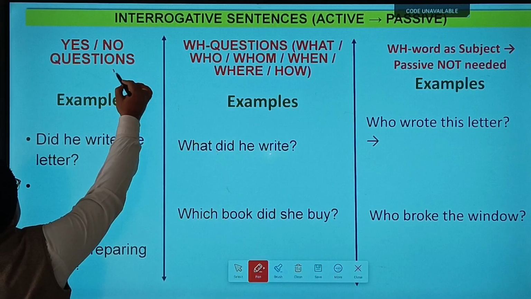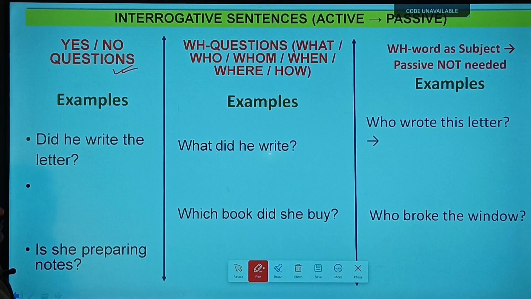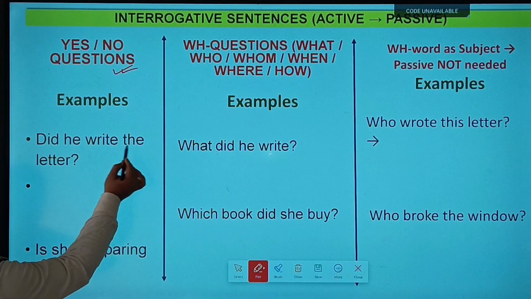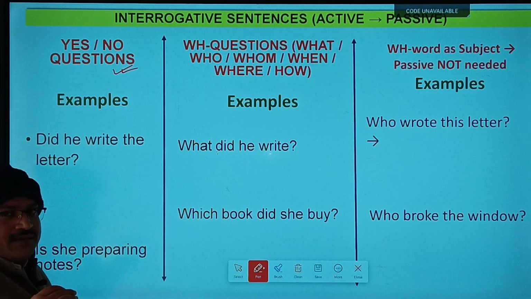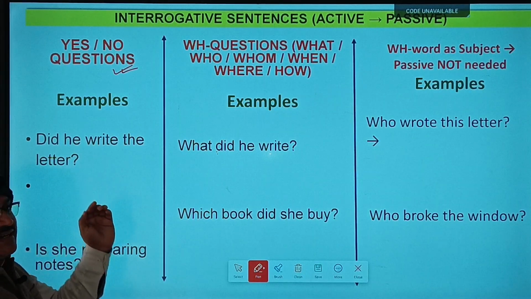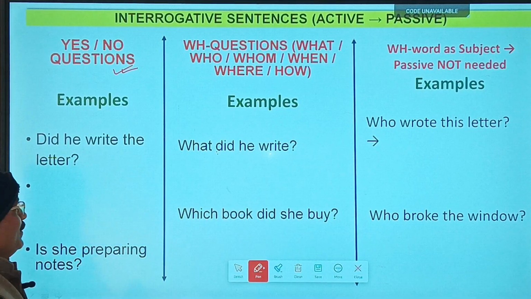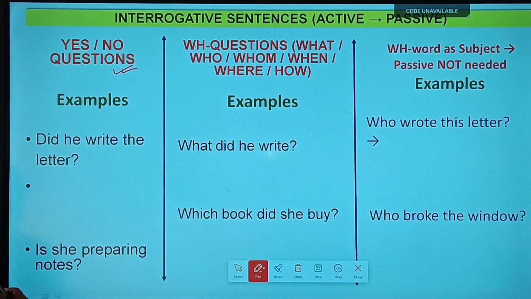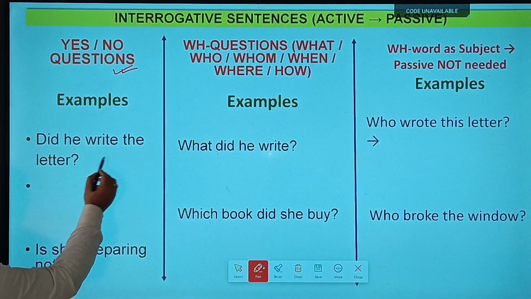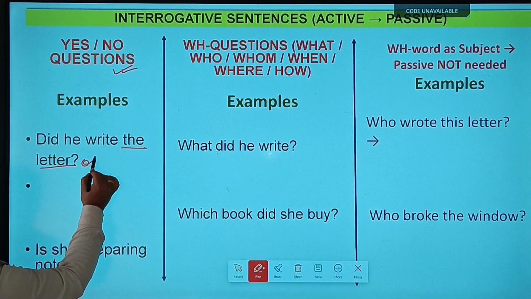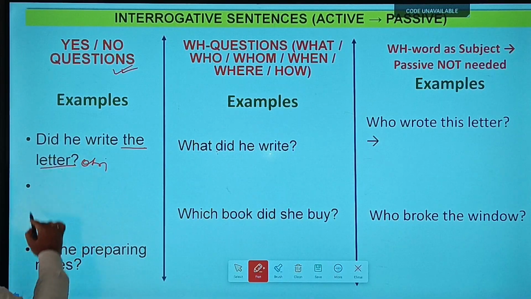First, let us take yes or no type of questions. Did he write the letter? So, as I said, interrogative sentence will remain interrogative in passive voice. What is the object? The letter. Object, yes or no? Now, what is the tense?